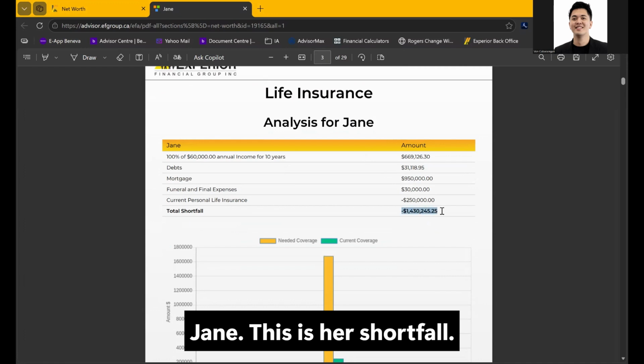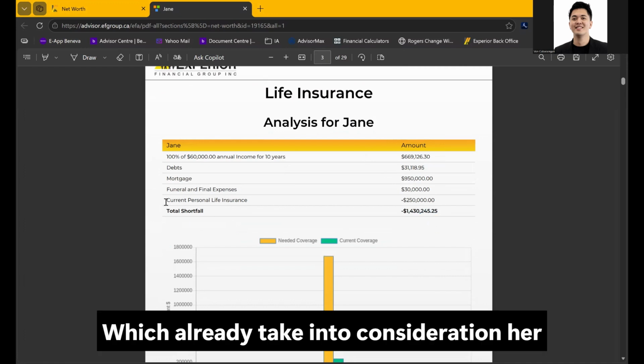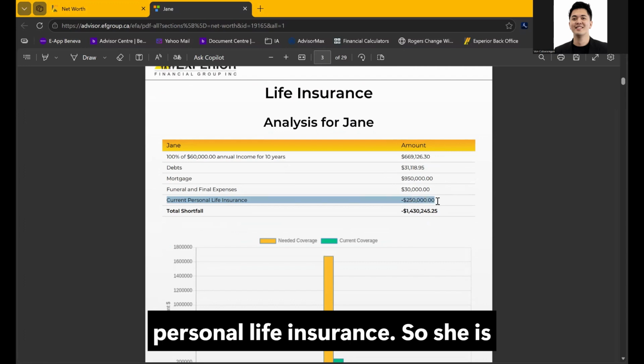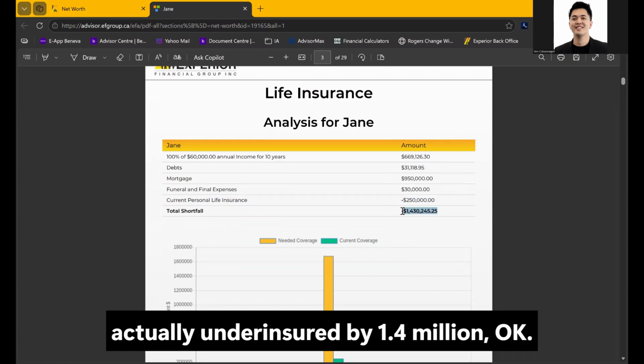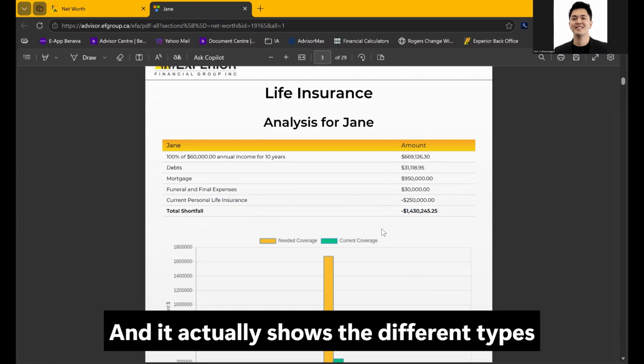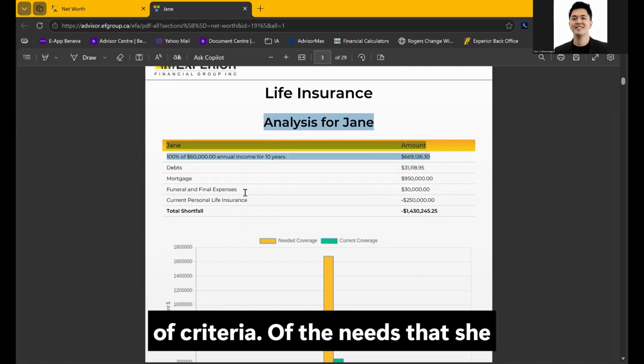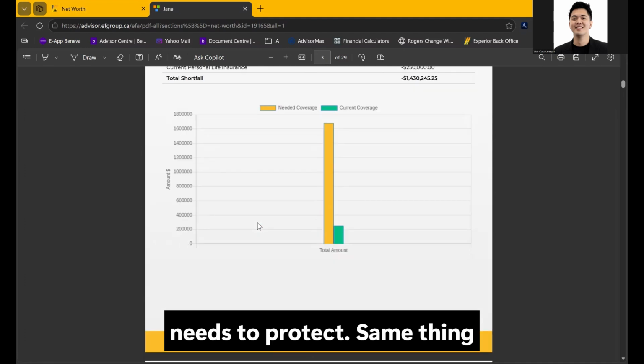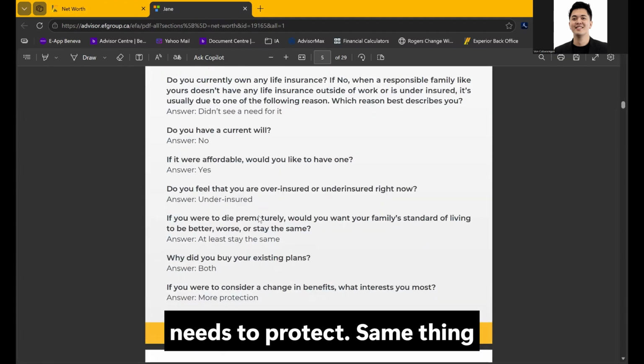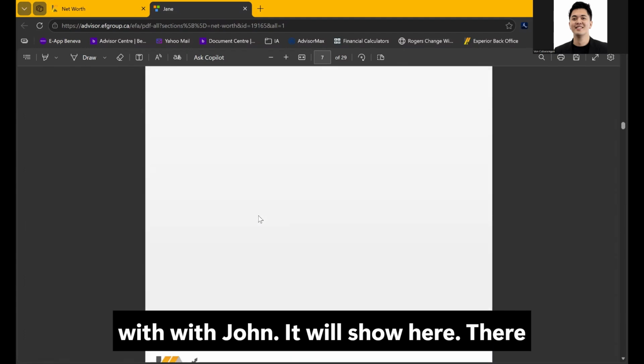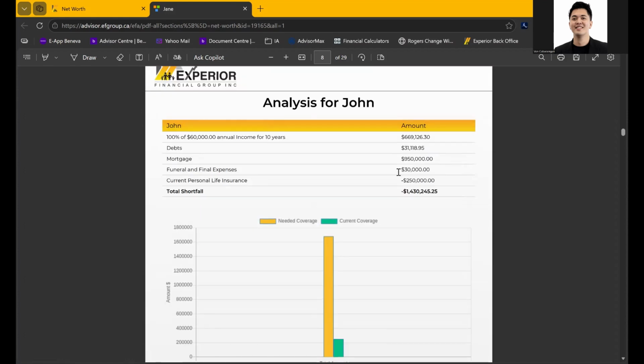This is her shortfall, which already takes into consideration her personal life insurance. So she is actually underinsured by 1.4 million. Okay. And it actually shows the different types of criteria of the needs that she needs to protect. Same thing with John. It will show here. There you go.